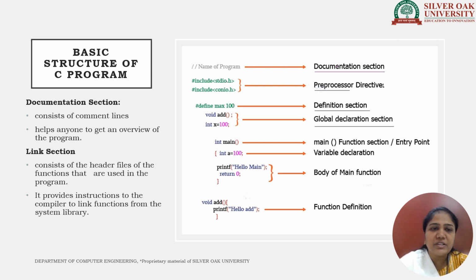So the link section contains the header files of the functions that are used in our program. Always remember that preprocessor directives start with the hash. What it does is include the content of the header file in our code.